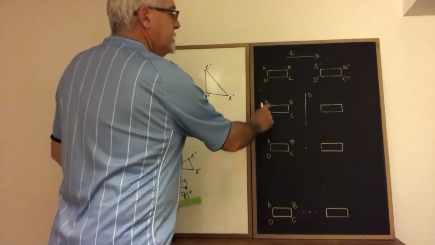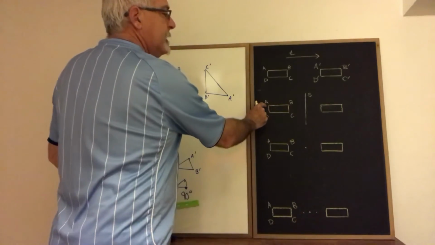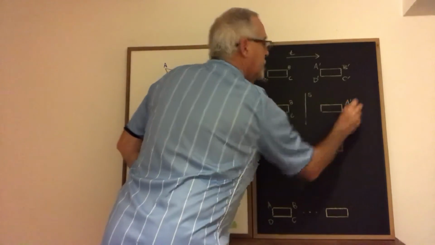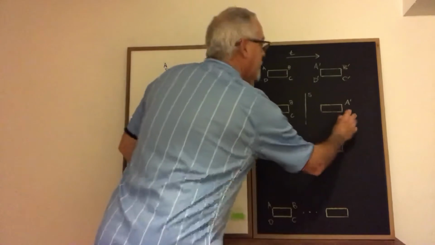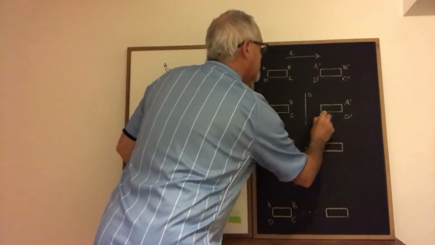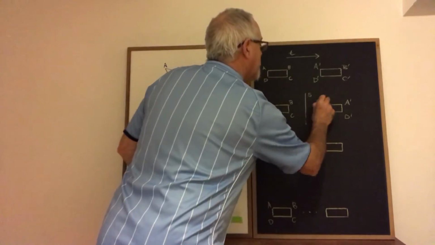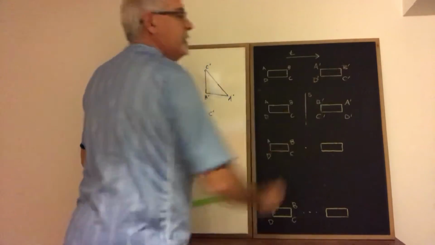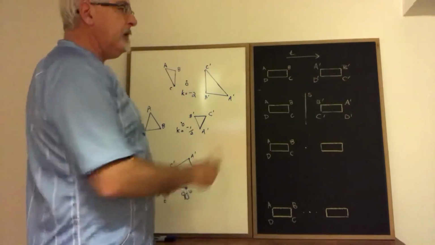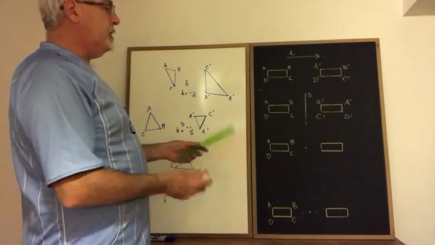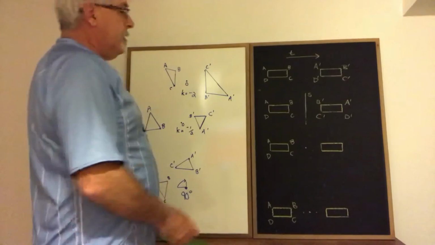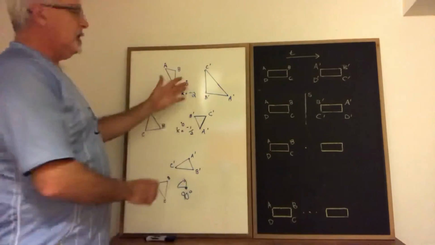In this case, vertex A ends up over here for A prime. Therefore, D prime is here, C prime is here, B prime is there. Notice how they landed in different positions than they did for the translation. So you have to be careful how you label it if you want to be given credit for a correct and complete answer.